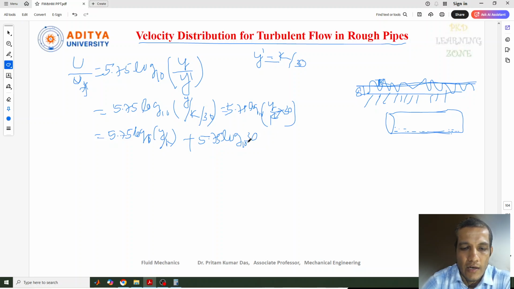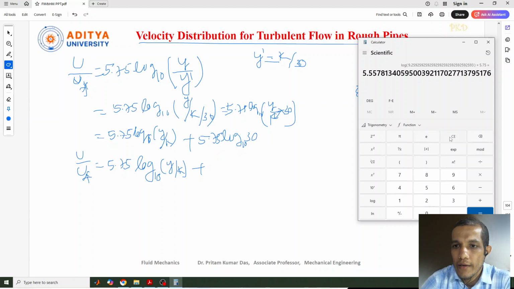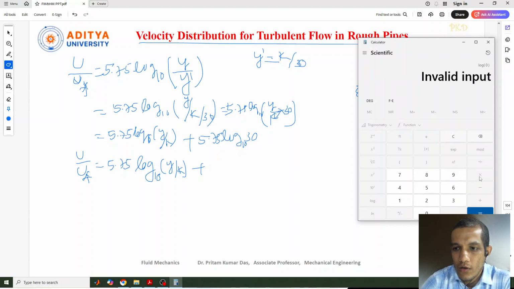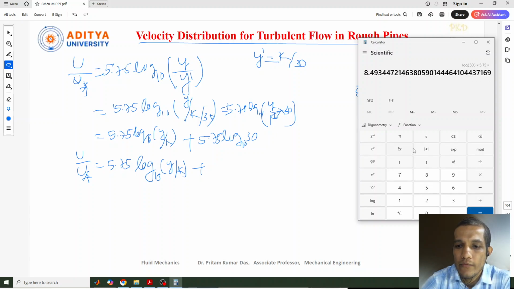Now we'll get the value for this one. So finally we can write u by u star equal to 5.75 log 10 y by k, plus the value of log 30 multiplied by 5.75, so this is 8.49.